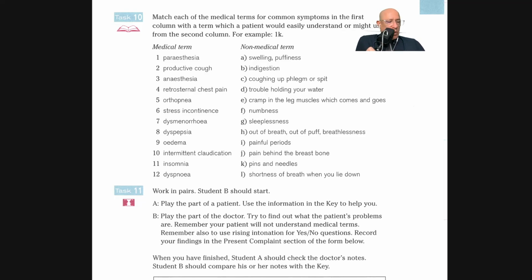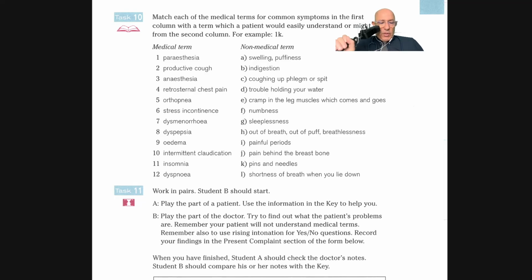And again, the patient would not use these medical terms except for perhaps 1 or 2 of them. Unless, if they're a physician, they might know them, but it would be awkward to use. The patient would not say, I have a productive cough. They would say C. Okay, I have a cough, but I cough up phlegm or spit.